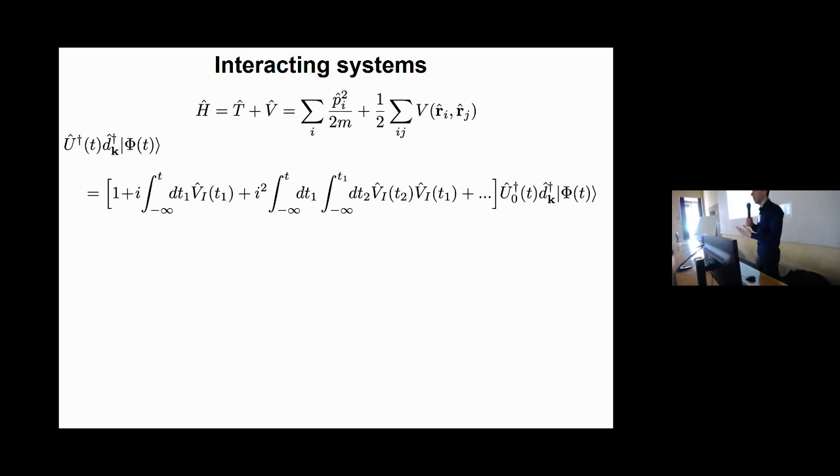Let's apply the same idea of representing each term of this expansion with a graphical object. The first term is identical to the one we had before. It's the free evolution of an added particle of momentum k over some state phi of t. We are adding d dagger k over phi of t, and we are propagating it.